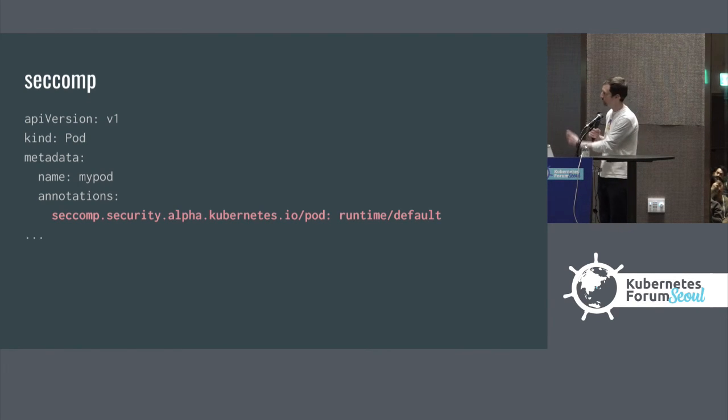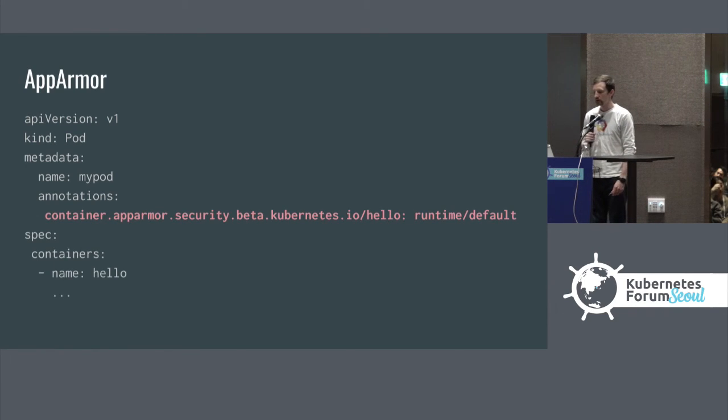So at the very minimum, you should be doing something like this. You can also use AppArmor, which thankfully, if it's installed, will apply the default AppArmor policy to your containers. But if you need to develop your own profile, or you want to really make sure that you're running an AppArmor policy, then you can specify that as an annotation in your pod as well.